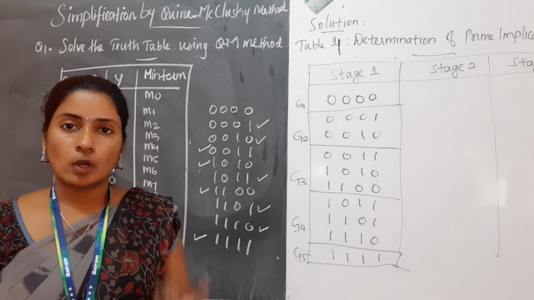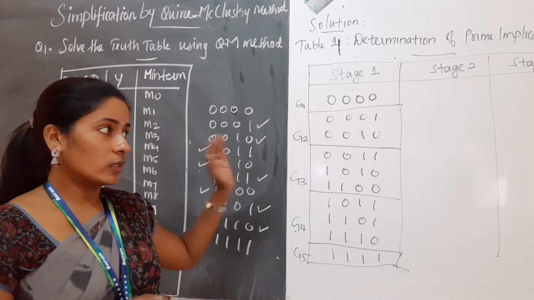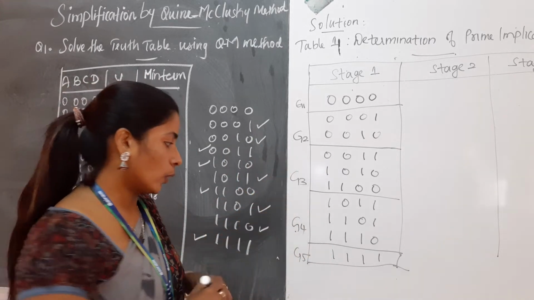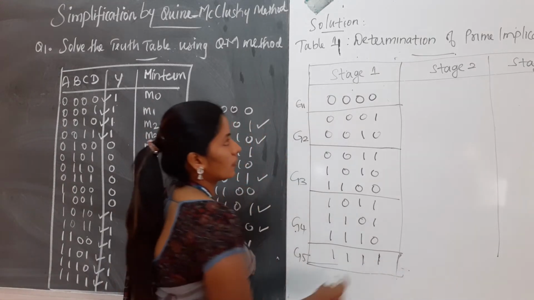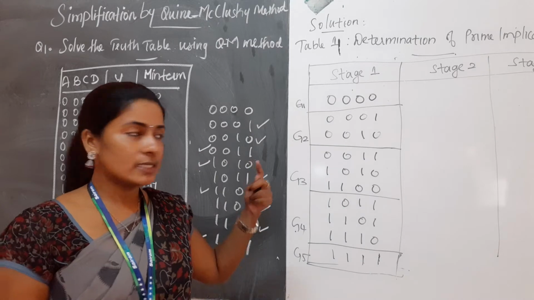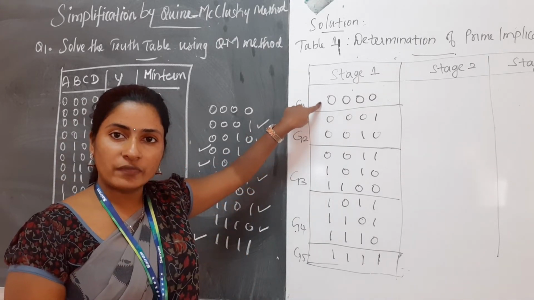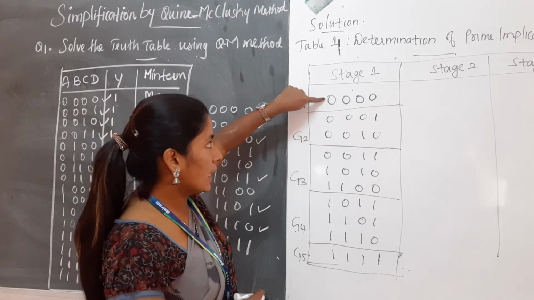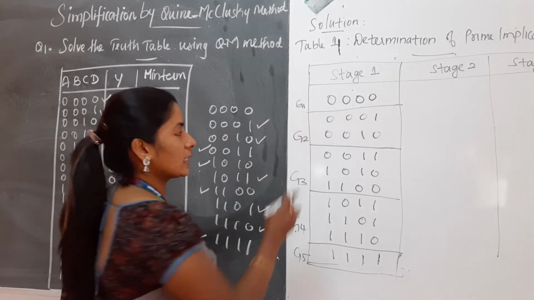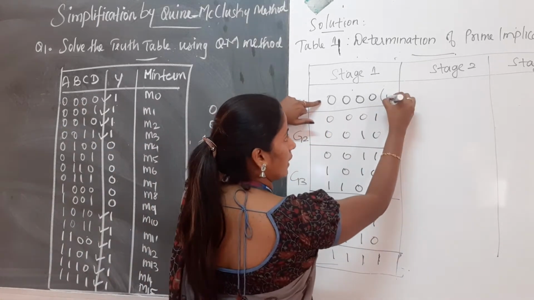Now in stage 1 what do I have to do? See, this is a simplification method only, so you see in which way I am going to simplify these minterms. I have to compare group 1 data with all the elements of group 2. In group 1 I have 0, so in brackets you can write 0.